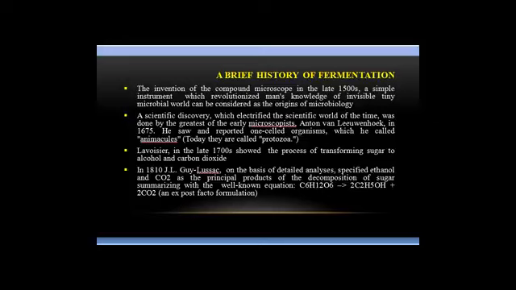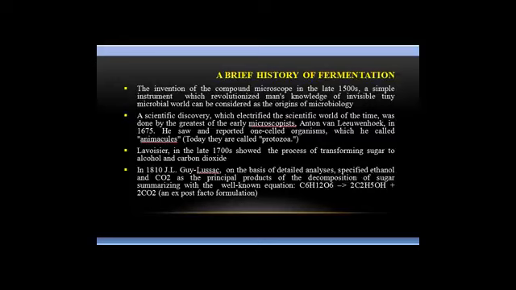A scientific discovery which electrified the scientific world of the time was made by the greatest of the early microbiologists, Antony van Leeuwenhoek, in the year 1965. He saw and reported one-celled organisms which he called animalcules. Today they are called protozoa.